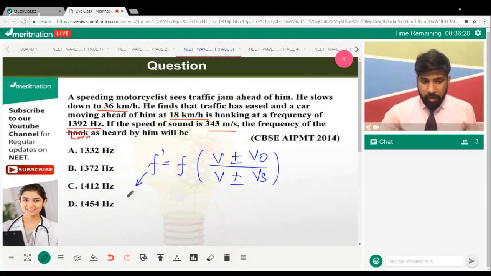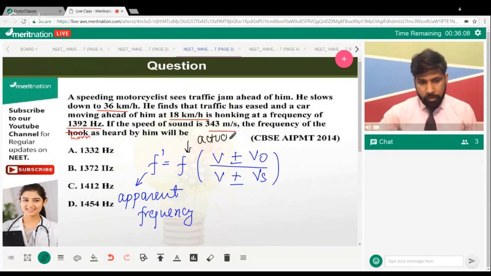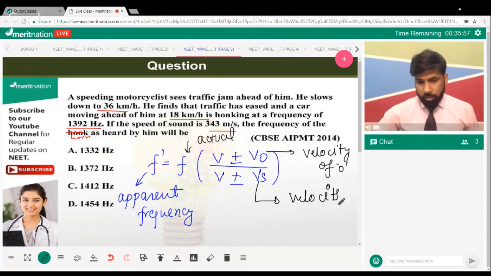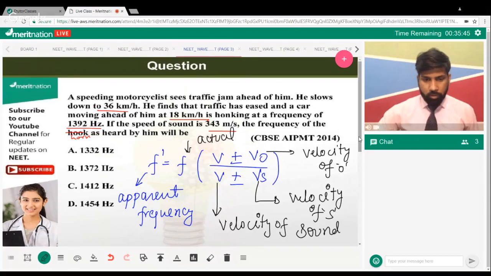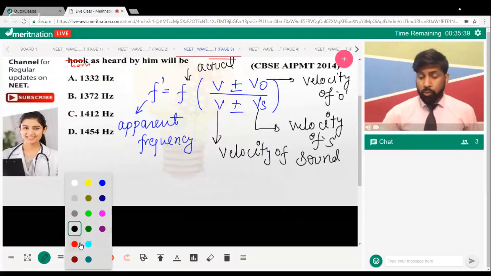F dash is the apparent frequency, f is the actual frequency, v naught is the velocity of the observer, vs is the velocity of the source, and v is the velocity of sound. Now let me tell you the way we can use this formula.